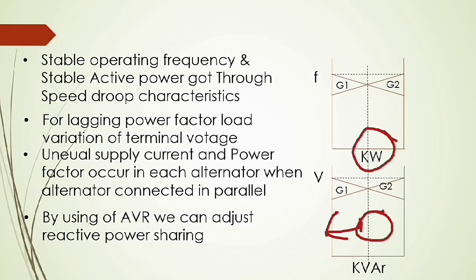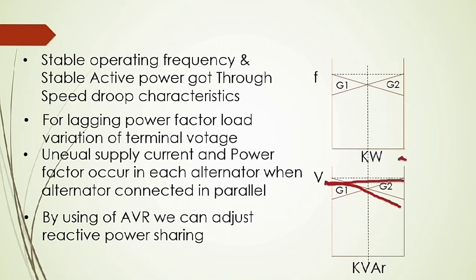Because of this, each alternator has a different voltage droop characteristic, or different voltage setting. That means if generator 1 has a voltage setting like this, generator 2 does not have the same voltage setting; it differs from this. Through this you can see the intersection point gets shifted to the left-hand side, and generator 2, which has a larger voltage setting, supplies more reactive power as compared to generator 1.